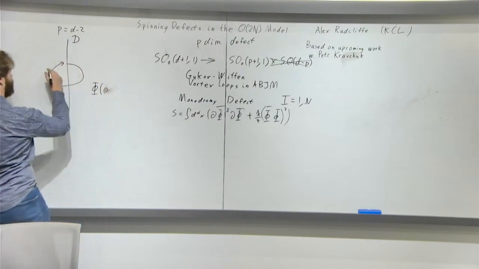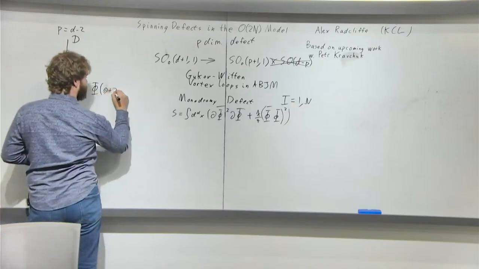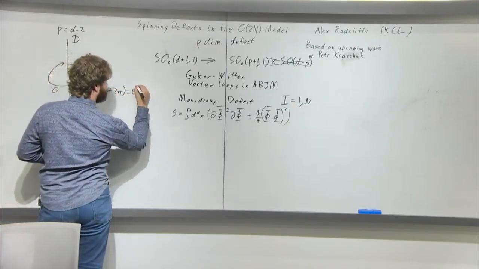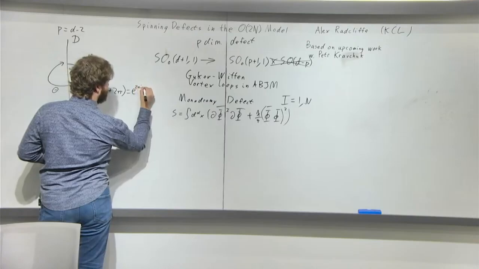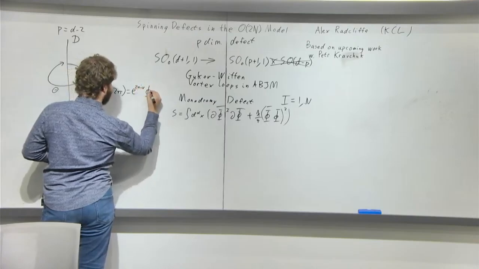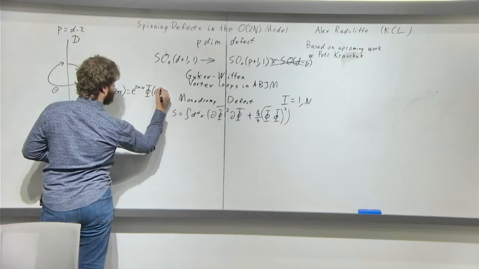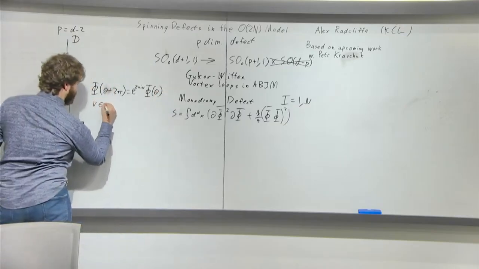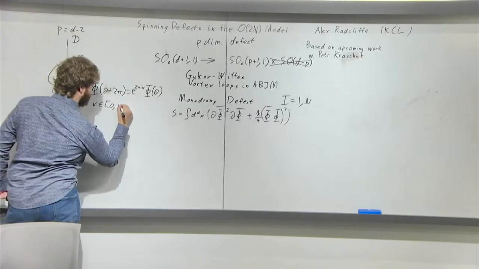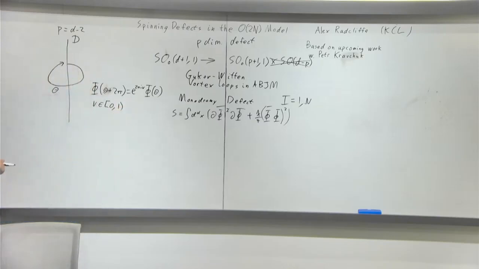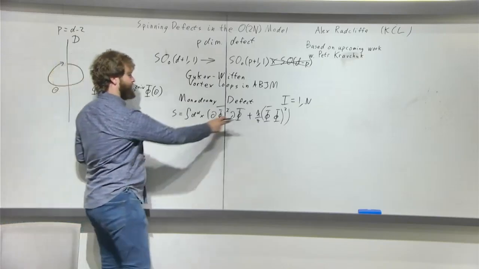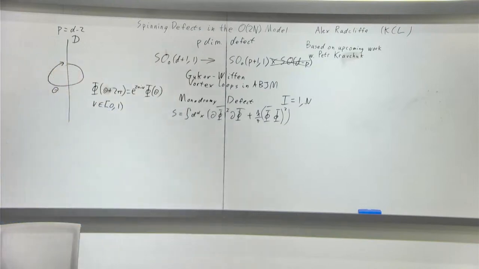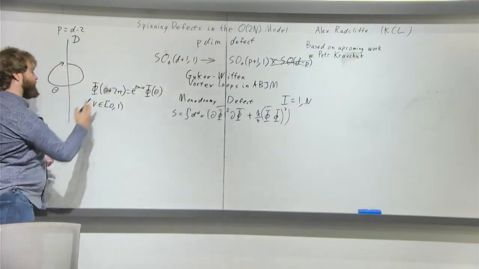If we transform it all 2 pi around this defect, then it picks up a phase of e to the 2 pi i v. Okay, so without loss of generality, let's take v to just be between 0 and 1. So essentially what we're saying is we're not going to add a defect term to our action. We are just going to say that when you go around the defect like this, you pick up a phase.